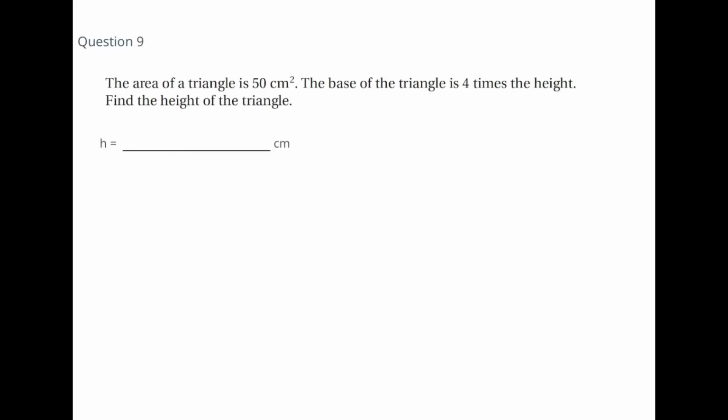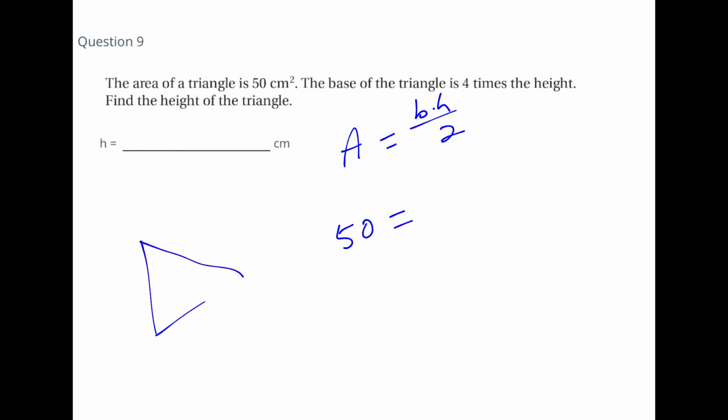So area is equal to base times height divided by 2. 50 is equal to, and then we have some ratios. So here's a triangle, and there's its height, and down here is the base. The base is 4 times the height, so let's call this 4x, and let's call this x. So 4x times x divided by 2.